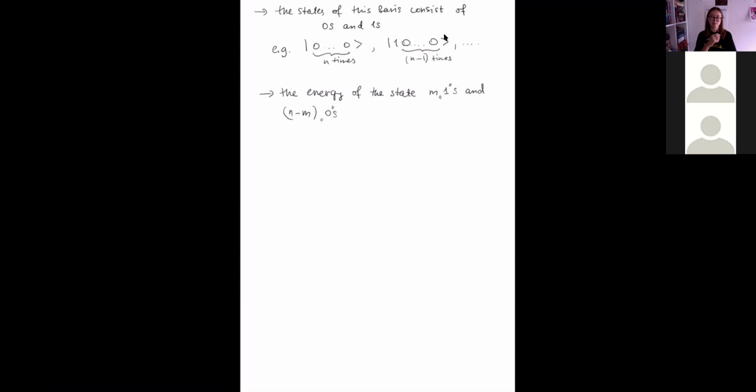And we know that the physical system of the qubit has the state 0 with energy 0 and the state 1 with energy epsilon.